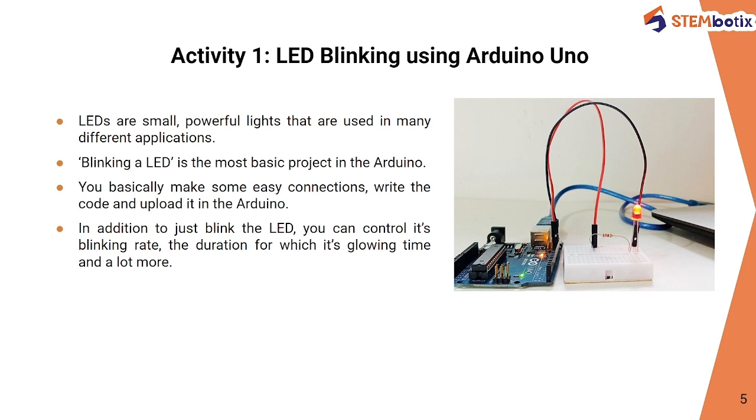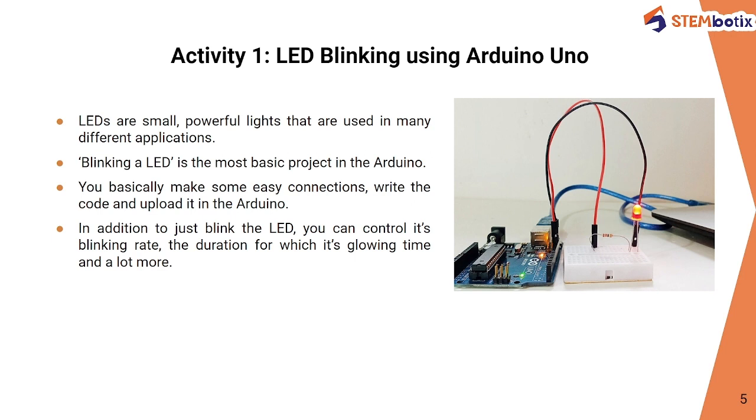So here we are using block coding to give instructions, and depending on that command the LED will blink. In the blinking process, for some period of time your LED will be in on mode, and after some time it will be turned off. This phenomenon of turning on for some time and turning off for some time on repeat is known as blinking.